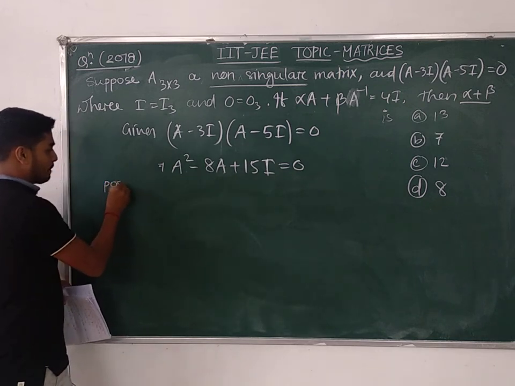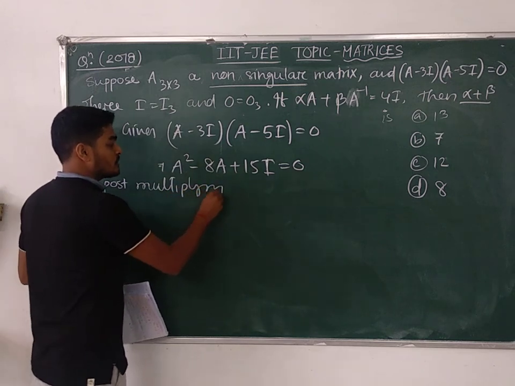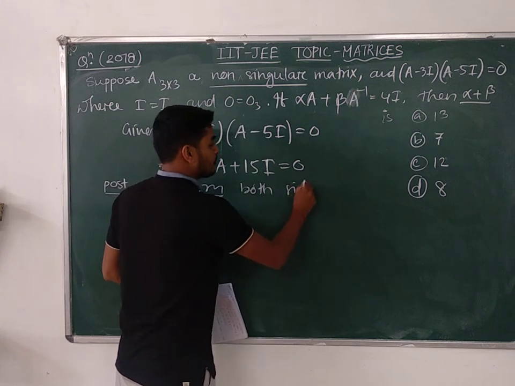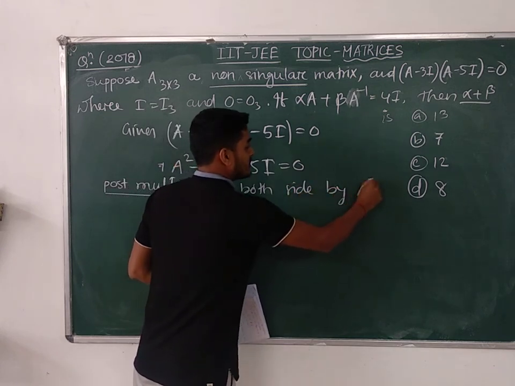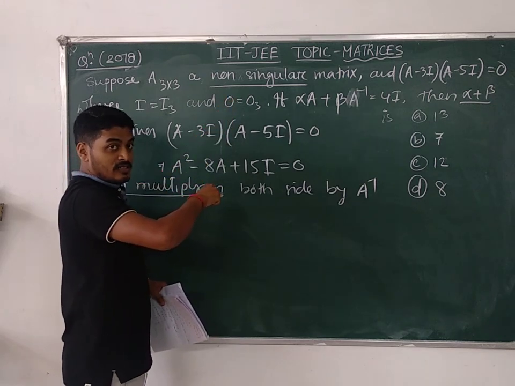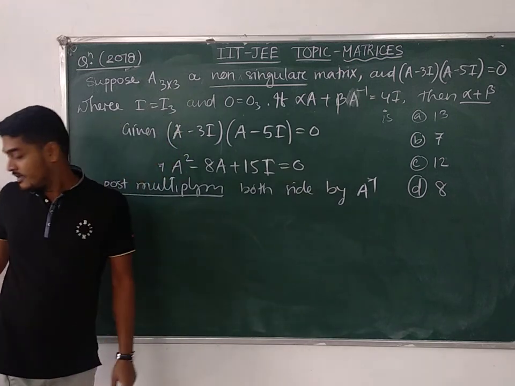Post multiplying both sides by A inverse. As it is given that A is non-singular, that means the inverse exists. That's why we can easily multiply both sides by A inverse.